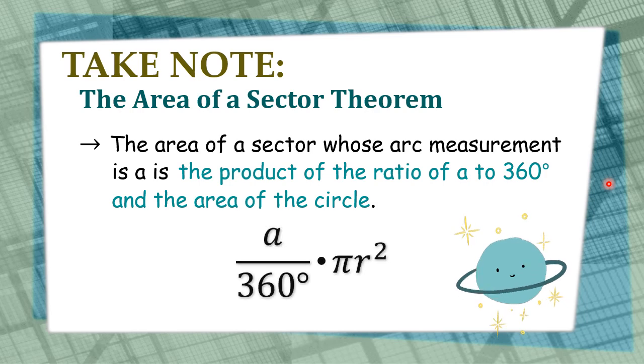To make it more precise, this is our formula to find the area of a sector of a given circle: the degree measure of the intercepted arc divided by 360 degrees, multiplied by the area of the entire circle, which is pi r squared.